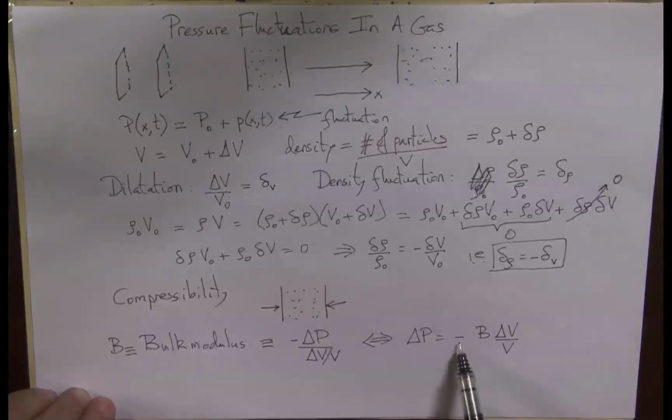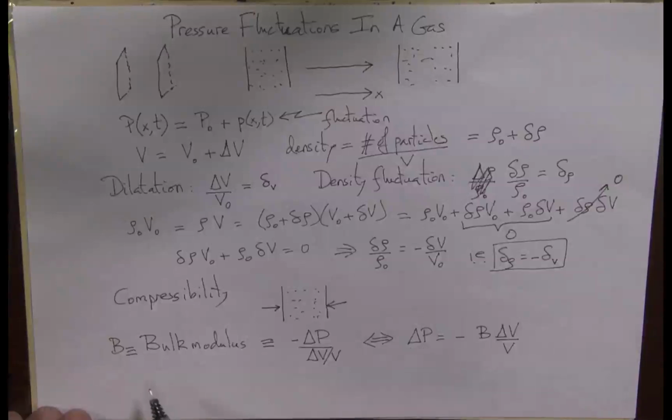That's why there's this minus sign over here, and it'll decrease more if B is small. And conversely, if B is very large, then the change in volume will be very small for the same difference in pressures.